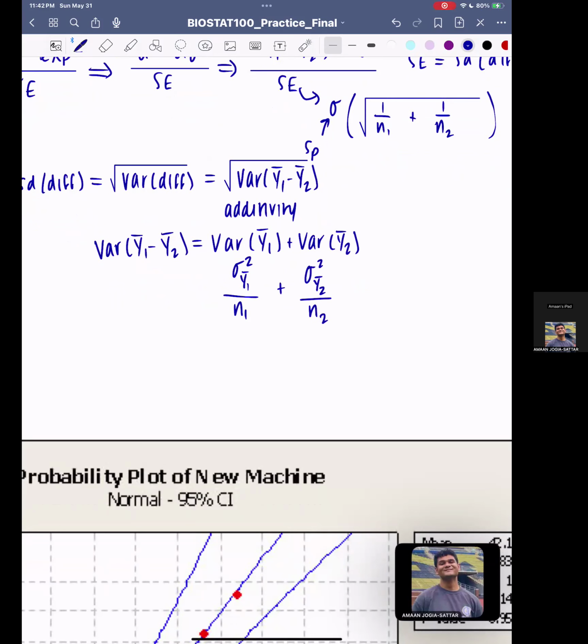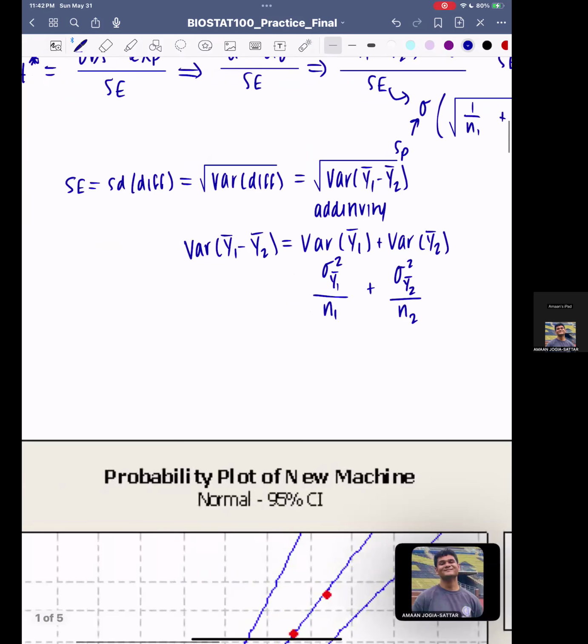Okay, so we're still not dealing with anything crazy. We're just saying that we are taking the standard error to be the standard deviation of the difference of sample means, which is basically the square root of that variance of that same calculation. And then we know that these are two independent samples, so we just add the two variances together. So that's where we're at right now.